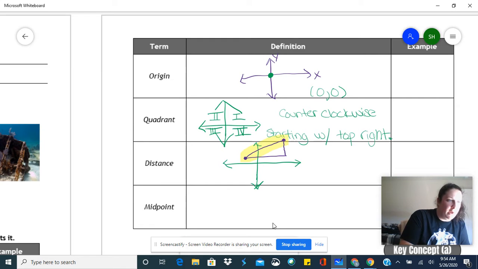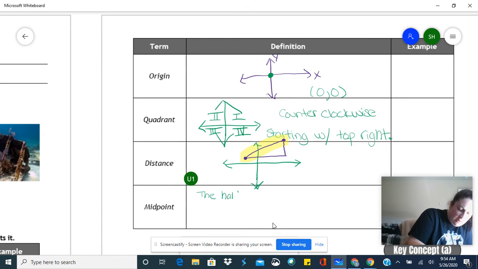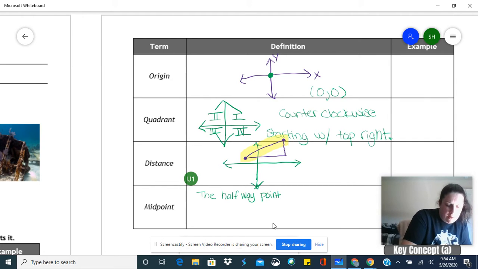And then you have your midpoint, which is the halfway point on a line between two points.